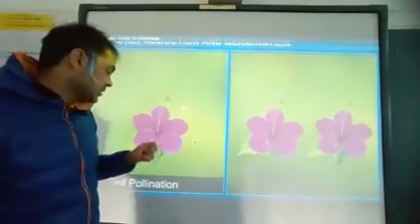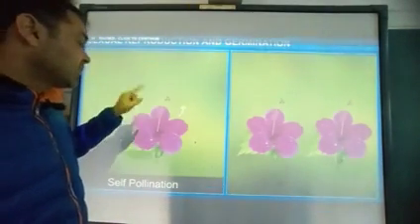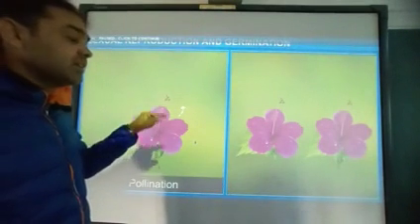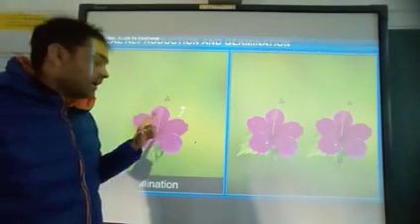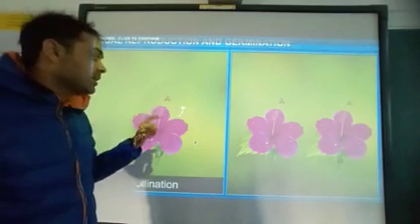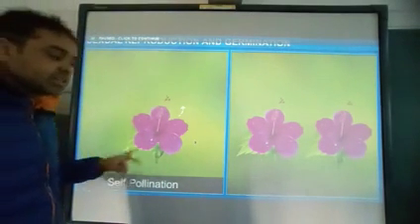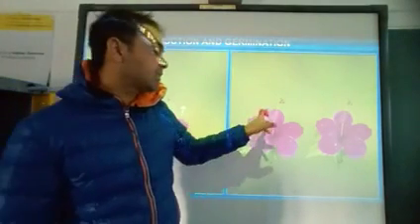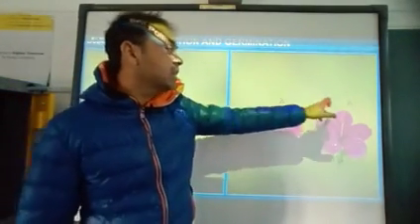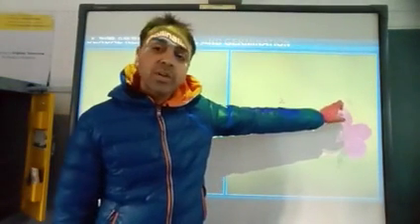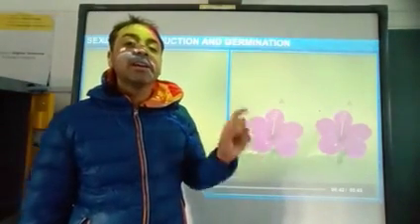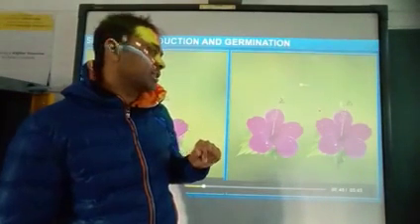So if the pollination takes place from the anther to the stigma of the same flower, this case is called self-pollination. But if the pollen grains from one flower reach the stigma of another flower of a different plant, then it is called cross-pollination.